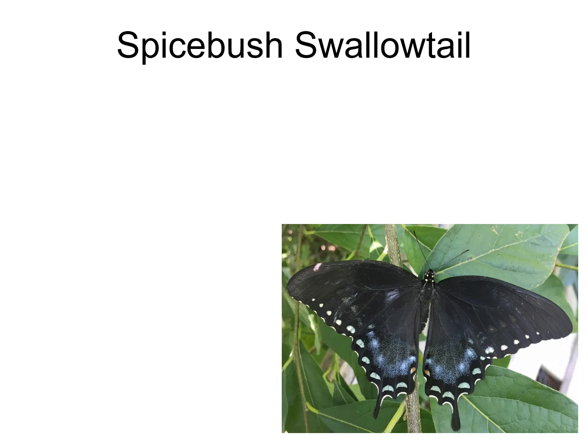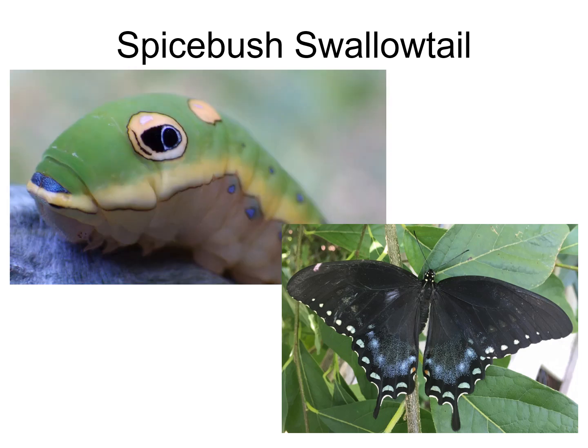It lays its eggs only on spice bushes and sassafras trees, and those trees have a lot of volatile oils in them, and their caterpillars eat that plant and they accumulate those oils and use it as a defense.